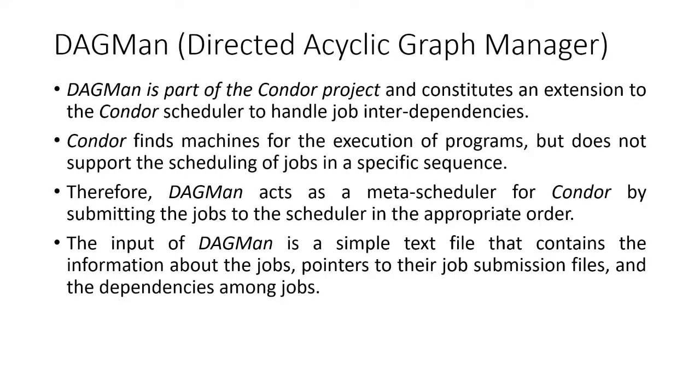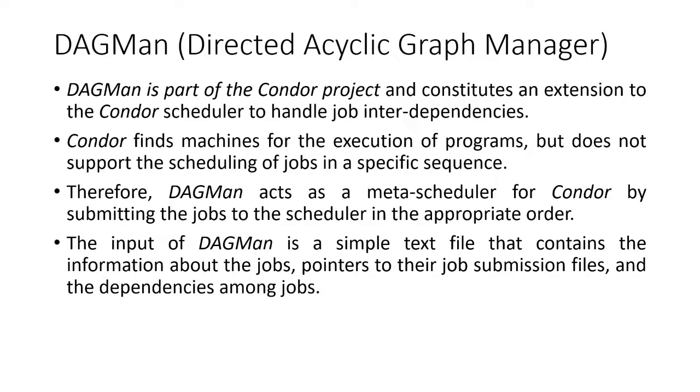DAGMan, Directed Acyclic Graph Manager, is a part of the Condor project and constitutes an extension to the Condor scheduler to handle job interdependencies. Condor finds machines for the execution of the programs but does not support the scheduling of jobs in a specific sequence.